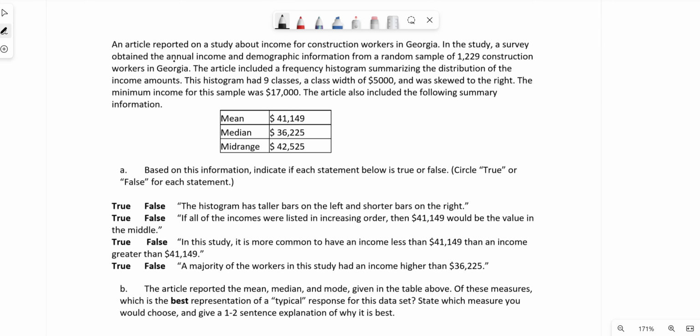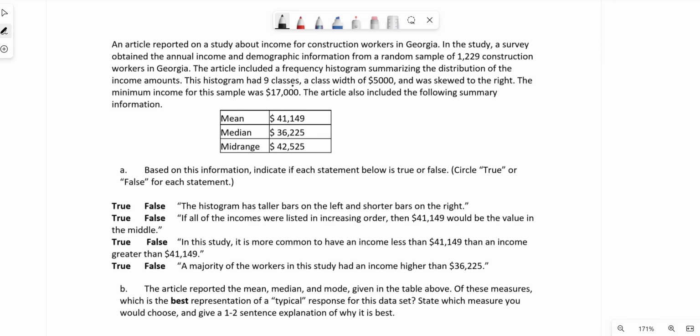In the study, a survey obtained the annual income and demographic information for a random sample of 1,229 construction workers in Georgia.